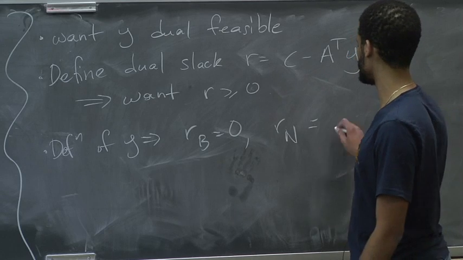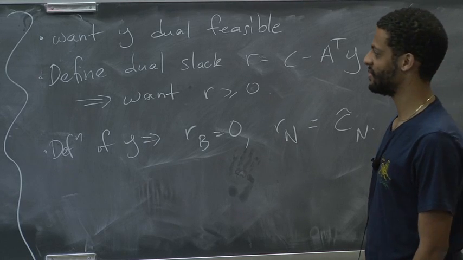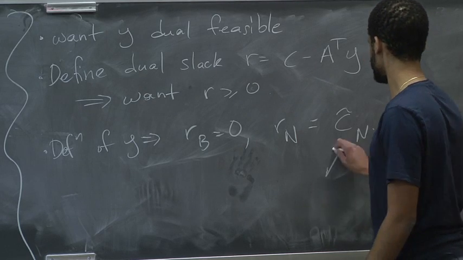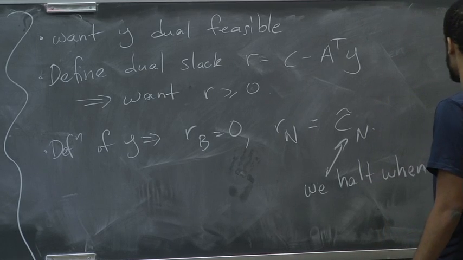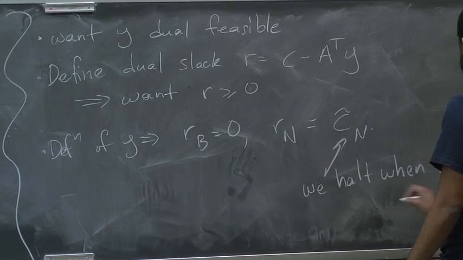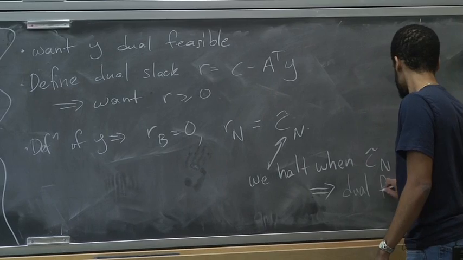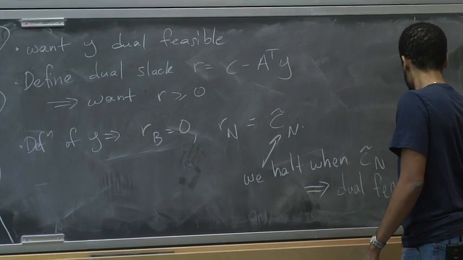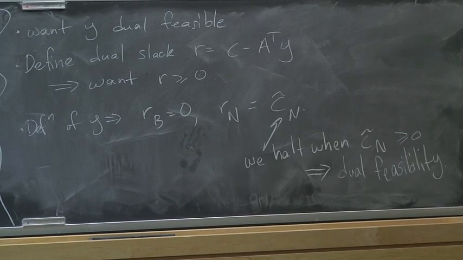If you do the calculation, it's equal to C tilde N. And we halt when C tilde N is bigger than or equal to 0, which implies dual feasibility.